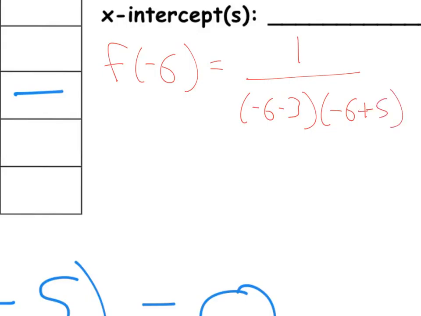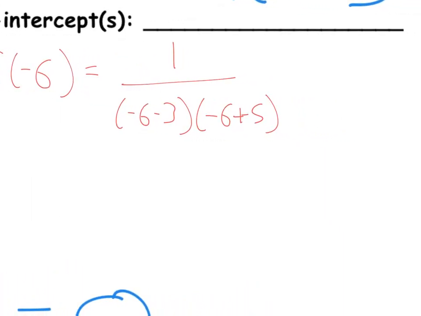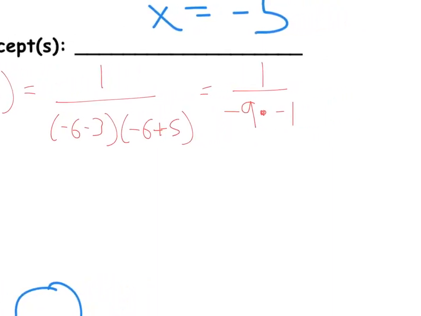If you have a calculator, feel free to go ahead and plug this in. If you don't, we're going to do this by hand. So we get 1 over negative 6 minus 3 is negative 9, and then negative 6 plus 5 is negative 1, and so we get 1 over negative 9 times negative 1, which is 1 over 9.